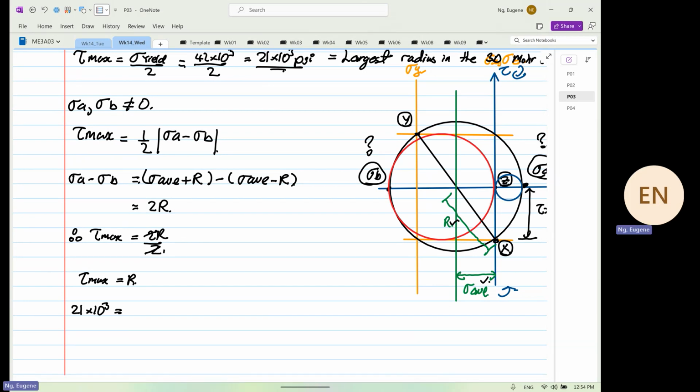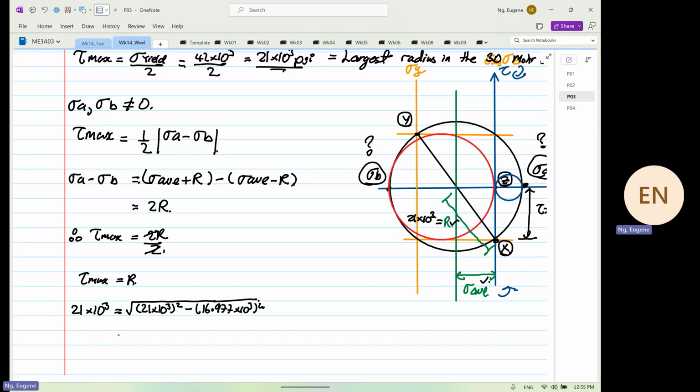And then the radius will be equal to what? This one is slightly different now. The R over here, we know, is equal to 21 times 10 to the power 3. So this is 21 times 10 to the power 3 squared, and then minus the stress average. The stress average is still the same, 16.977 times 10 to the power 3 squared.